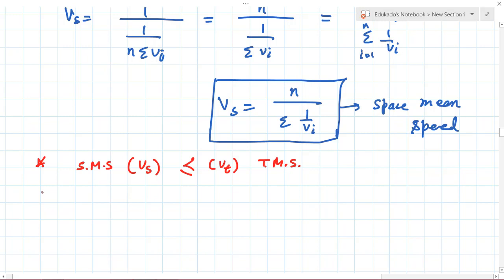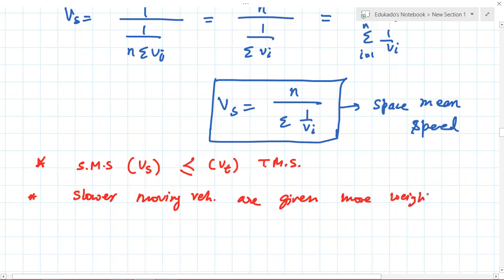That's the first point. And the second point is that slower moving vehicles are given more weightage in space mean speed.